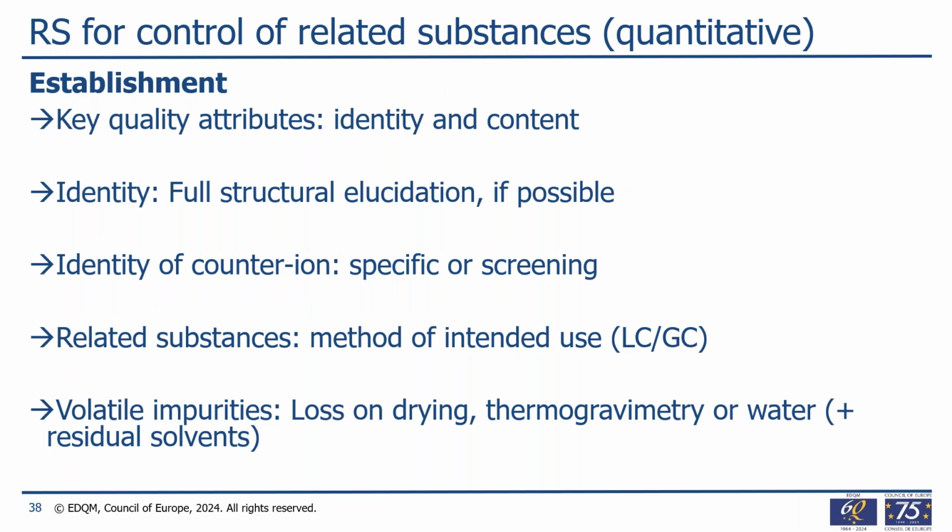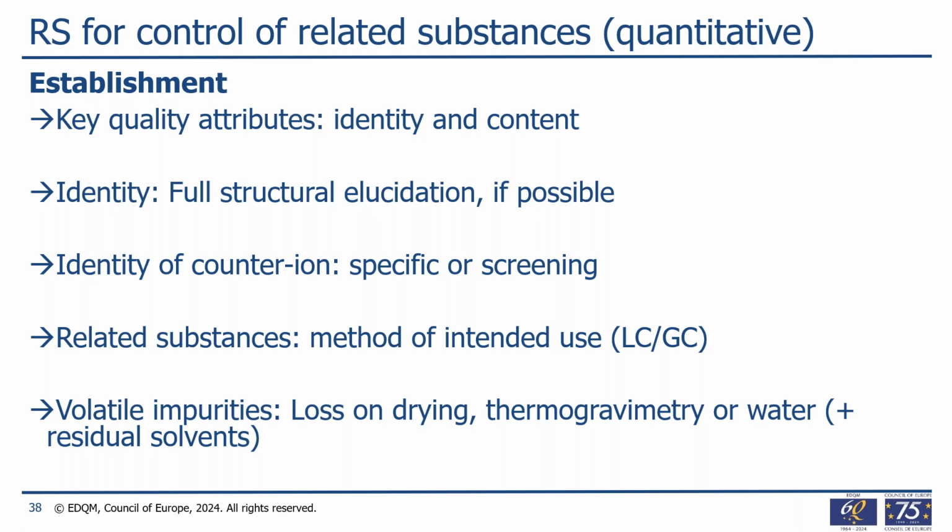For the establishment, again, the key quality attributes are the identity and the content. So again, we verify the identity of the material itself, but also of the counterion, either by a specific test if we know what we have, or by a screening method. We determine the amount of related substances by the method of the intended use, mostly LC and GC.